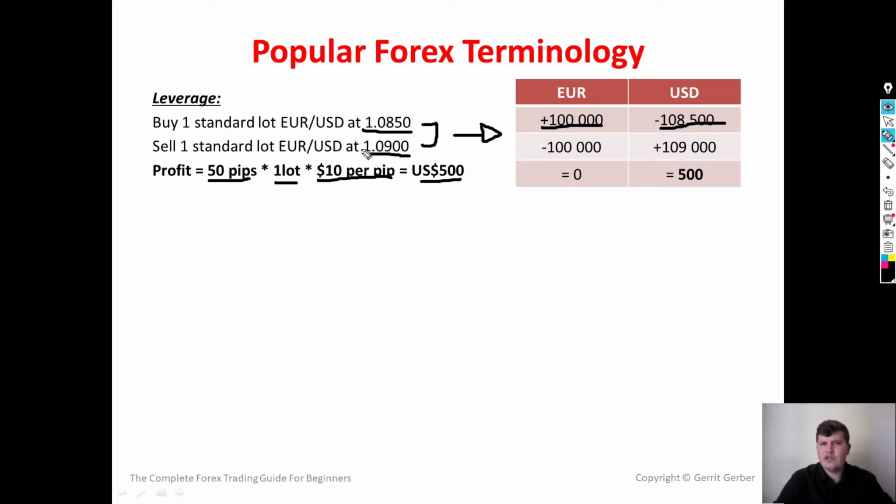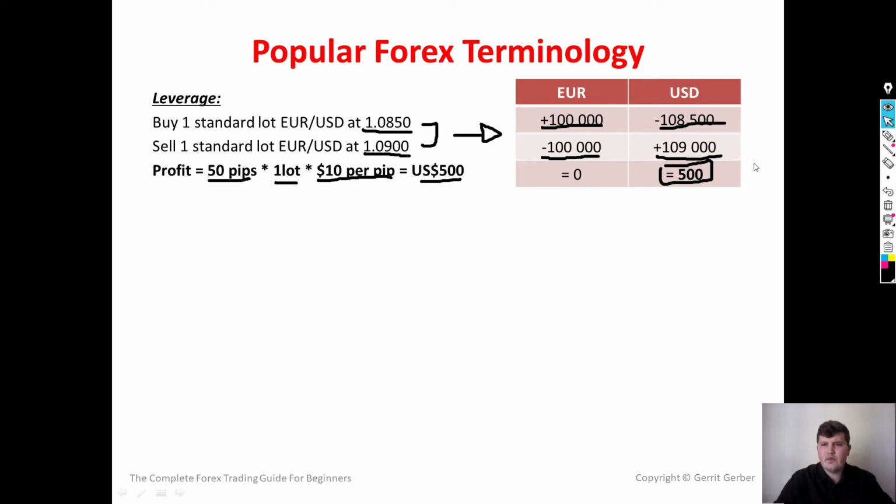Then later on when you sell the same currency pair, you sell your 100,000 euros that you bought for 109,000 US dollars, meaning a profit of $500, similarly to this equation.